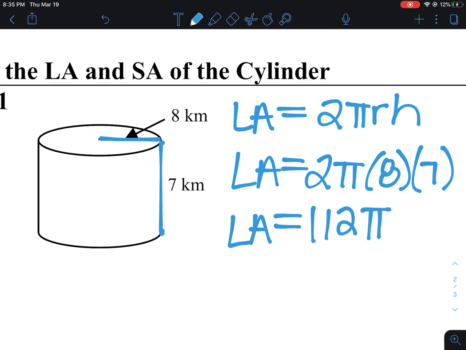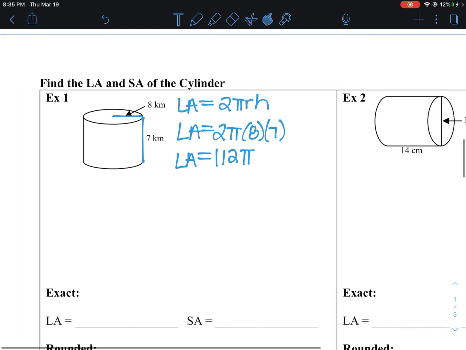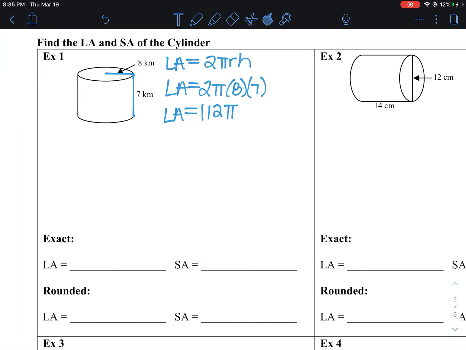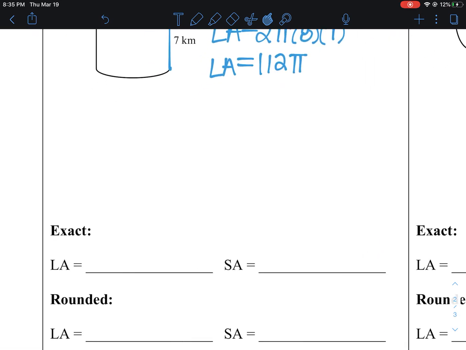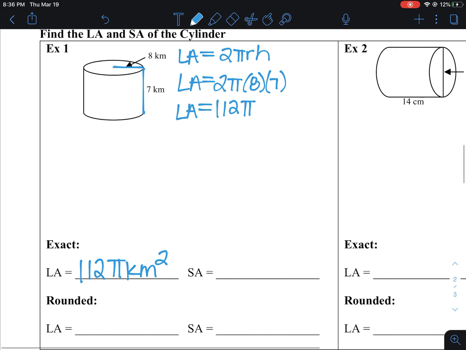Notice I did not type the pi into the calculator. I just leave that, right? So then that means the lateral area, the exact answer, would be 112 pi, and this is kilometers squared, right? Because we're talking about area again.